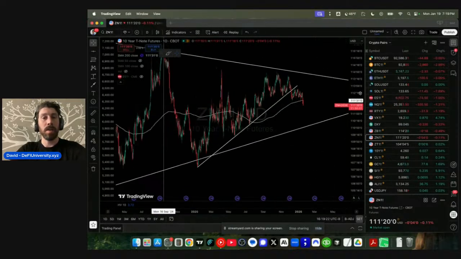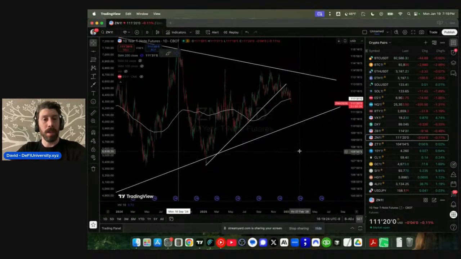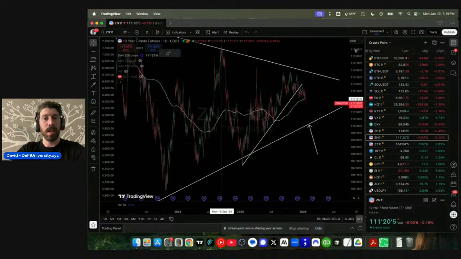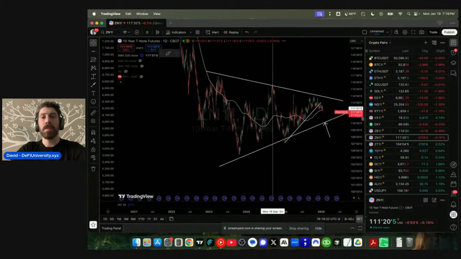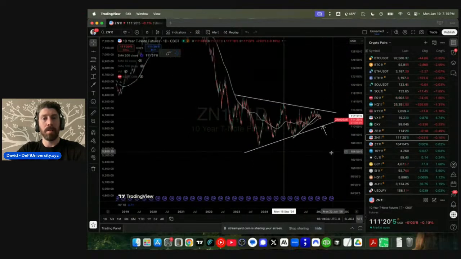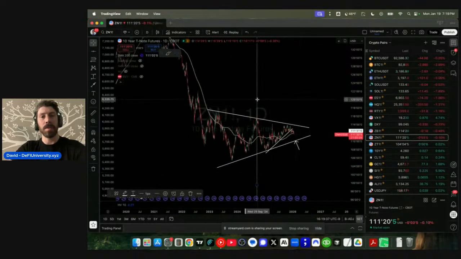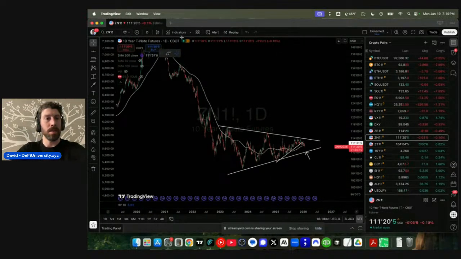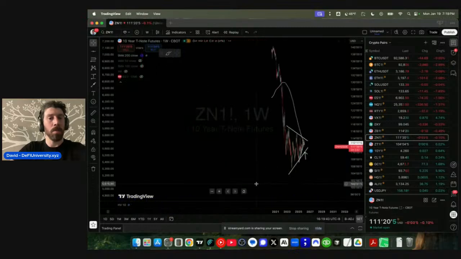So where is the next level of support in notes? Well, it's got to come in right around right here, this trend line support. But if you zoom out a little bit on notes, and the reason I have this marked is that was the beginning of the rate cut cycle. So if we just zoom out here, and in fact, why don't we just zoom out to a weekly?